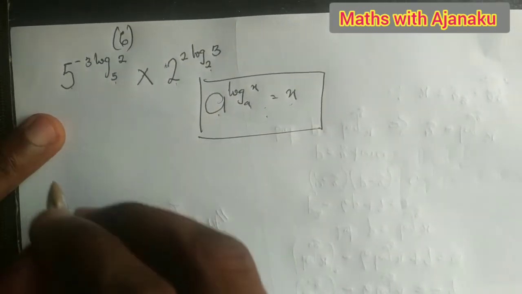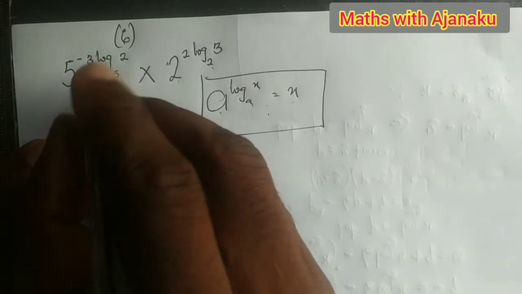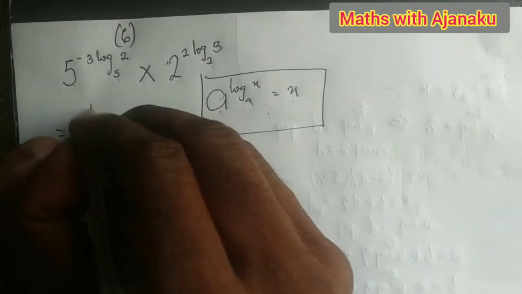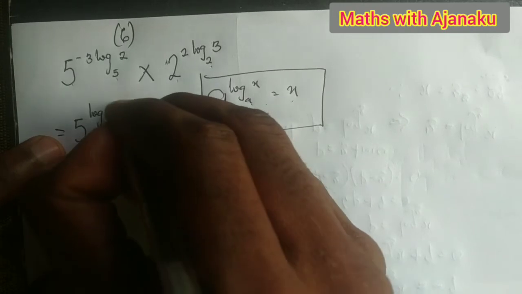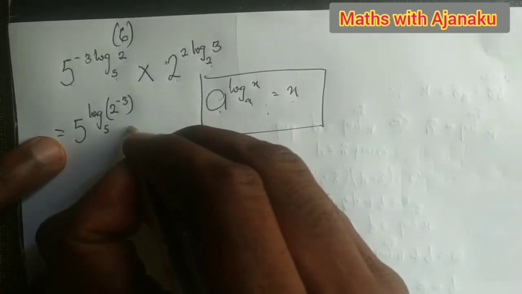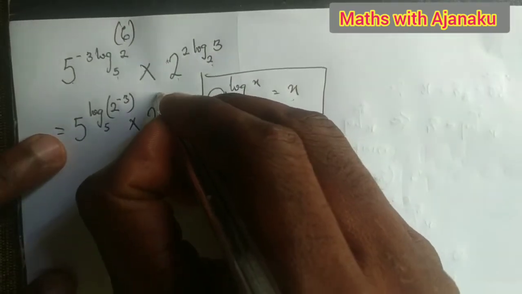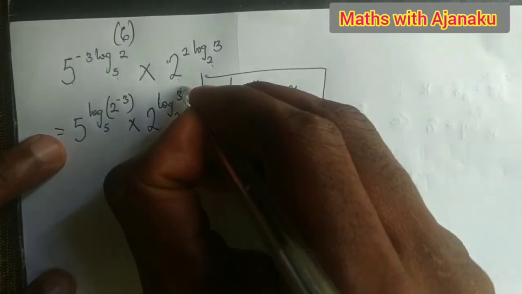From here I can rewrite this one, using the third rule, as 5 raised to the power log base 5 of 2 raised to the power minus 3, times 2 raised to the power log base 2 of 3 raised to power 2.